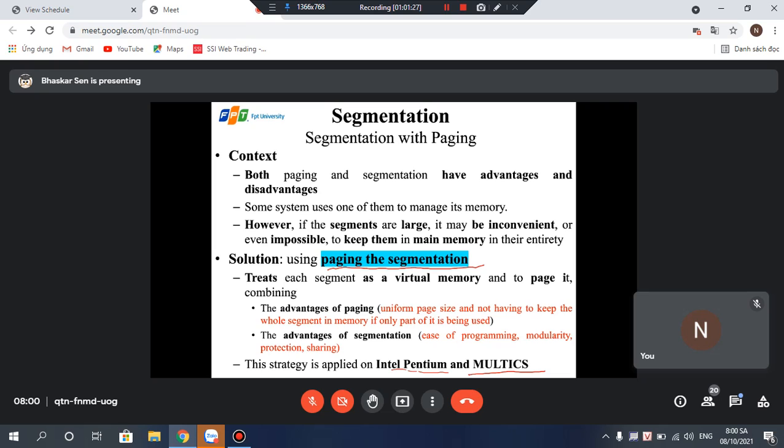That is what we want to do. That is how we do it, applying paging to segmentation, and that is exactly the way we will get the advantage of it.